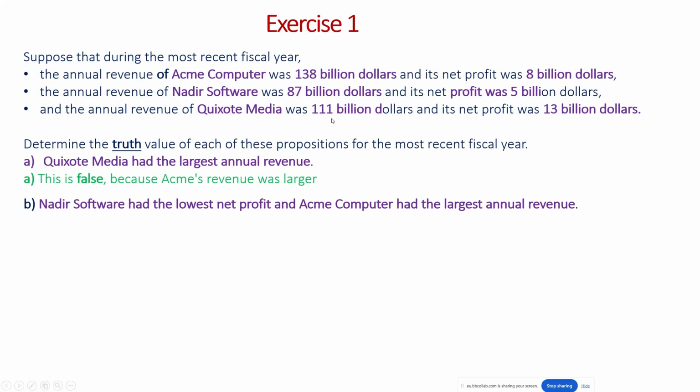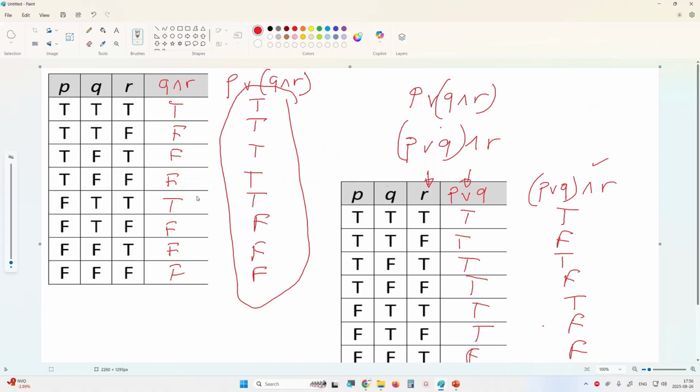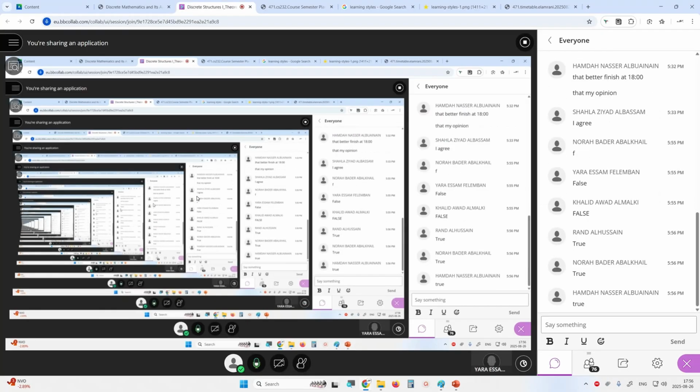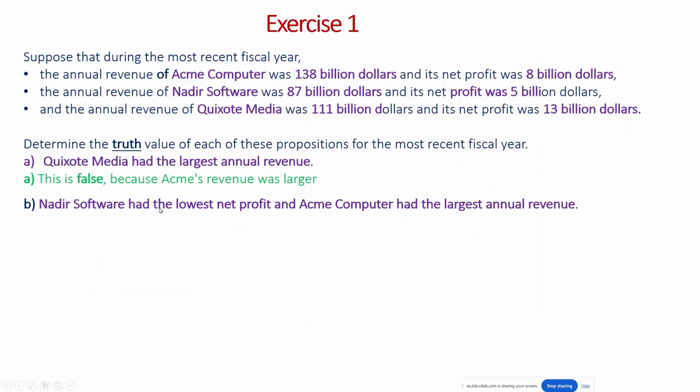Now, Nadir Software had the lowest net profit, and ACM Computer had the largest annual revenue. So now we have two statements. If we use the and, both of them have to be true in order for it to be true. So what's the answer? True. Nadir had the lowest net profit.